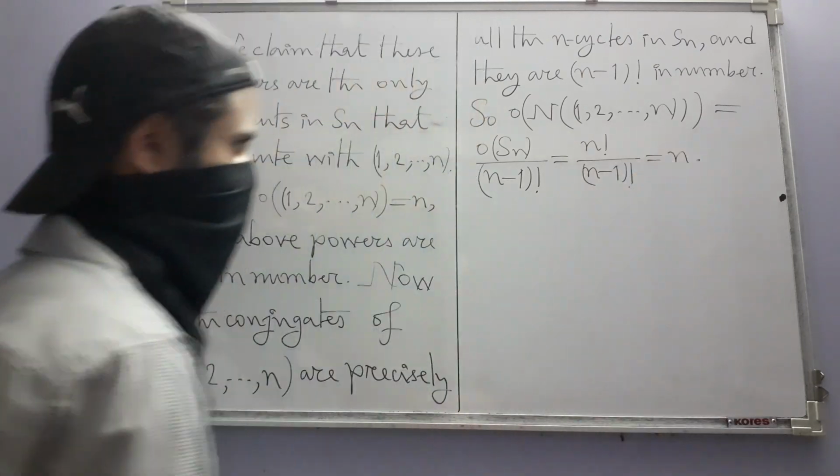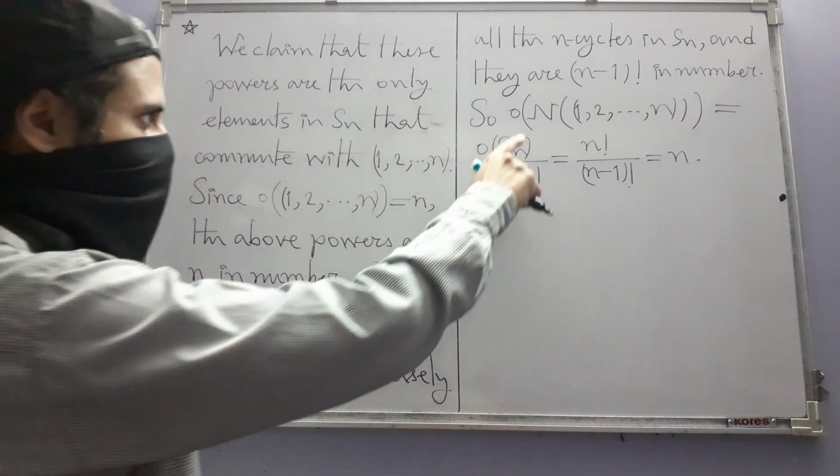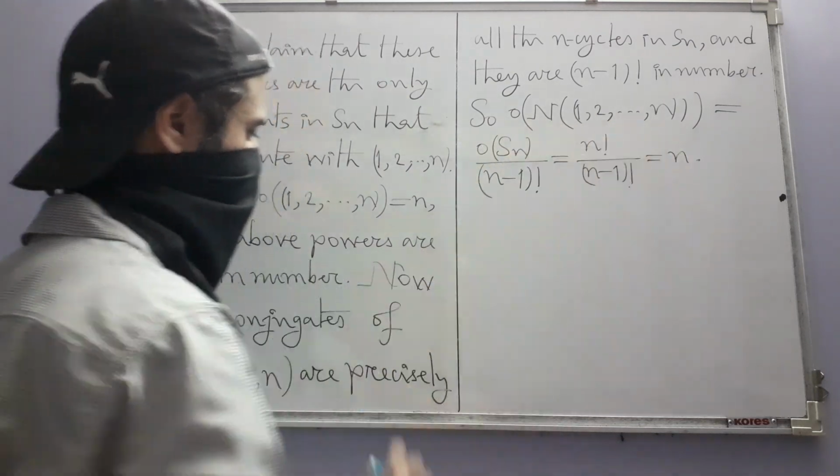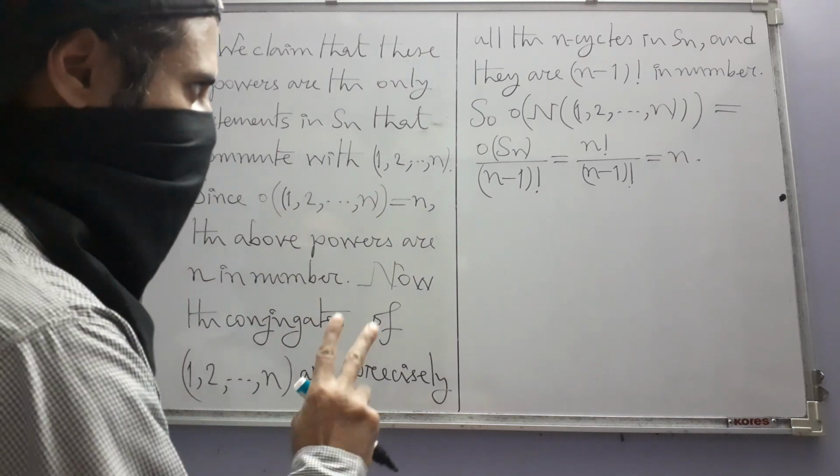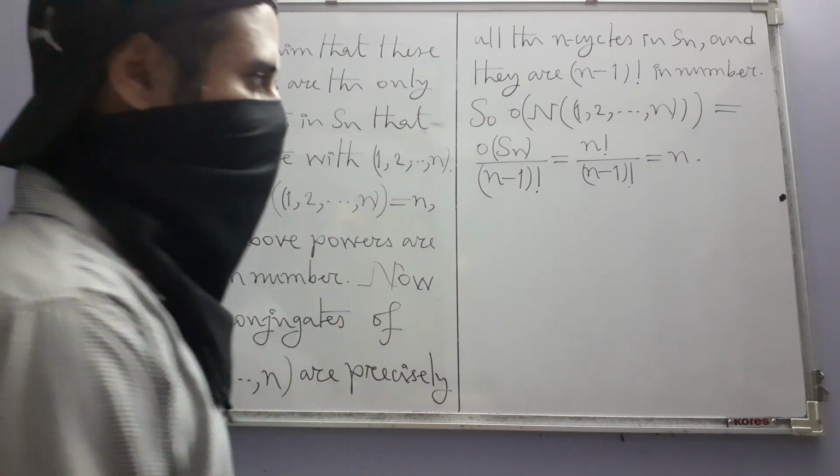And that number is n. It turns out that the order of the normalizer should be equal to n. But we have already found n elements in Sn that commute with the n cycle, namely its powers.